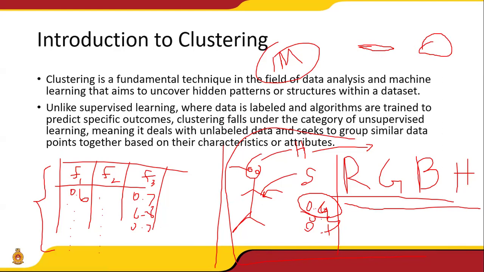I'm feeding that data to the algorithm and asking it to classify these people. This means we have 1 million data points in the feature space. Now I'm asking the algorithm, based on these features, to classify them into 2 types.